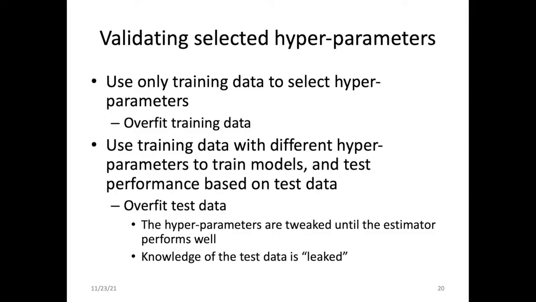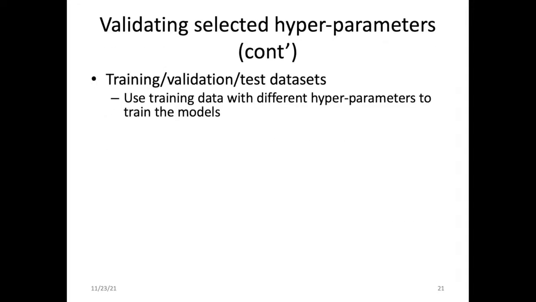So if you have hyperparameters to fine-tune, you need to divide your labeled data into three parts: training, validation, and test. You use the training data to build different models based on different hyperparameters. You validate which hyperparameter is better based on the validation data. And once you decide the best hyperparameters based on the validation data, you need to fix them.